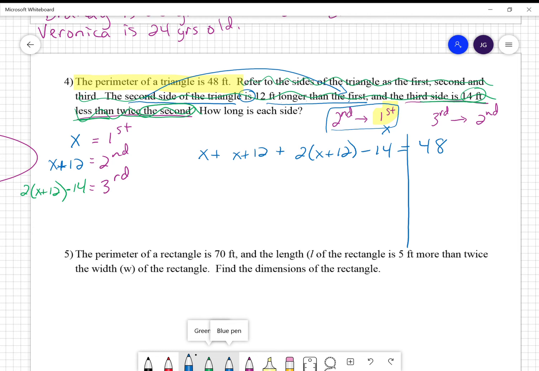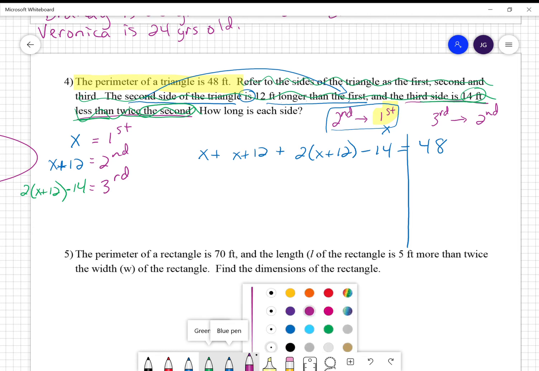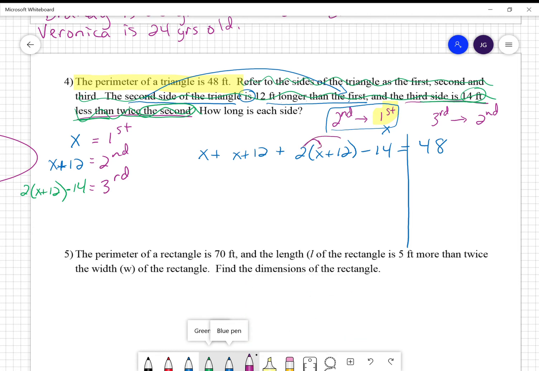Now I can simplify a lot on the left. I'm going to start by distributing. X plus 12 plus 2x plus 24 minus 14 equals 48.